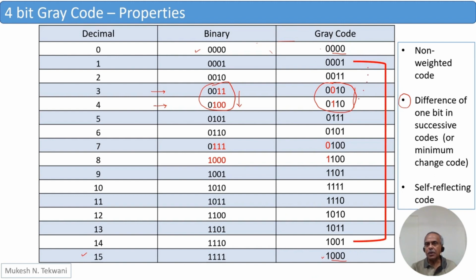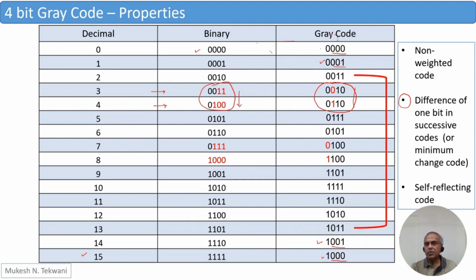Look at the next one. The next gray code is 0001, and if you compare it to this, it is 1001. Again, observe these three bits and the last three bits here, they are the same, and all that is changing is the most significant bit has changed from 0 to 1.